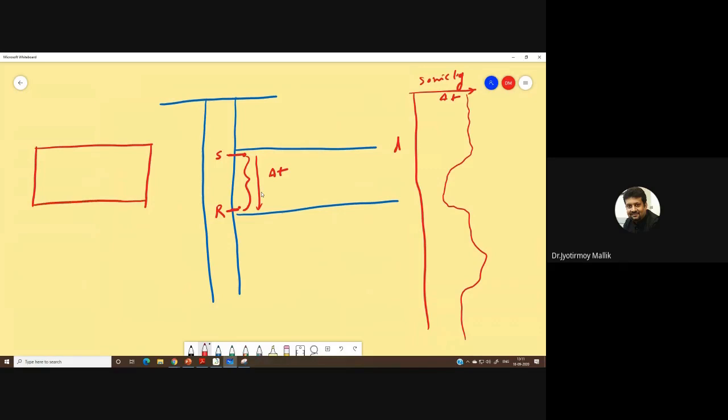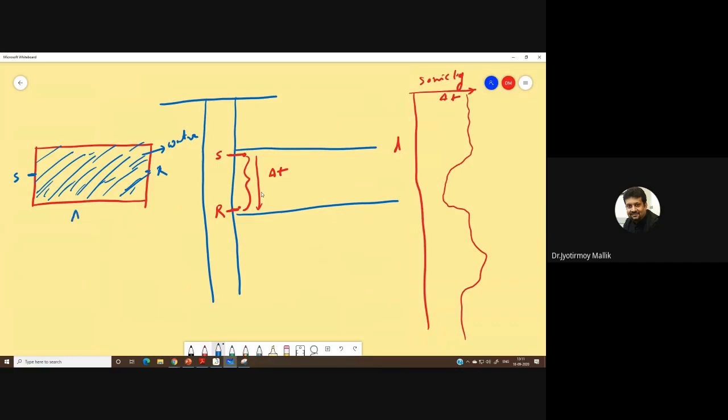Let us imagine that I have a simple box, and this box is fully saturated with, for example, water. I send a sound wave here; this is the source, and I receive my sound wave here at the receiver.